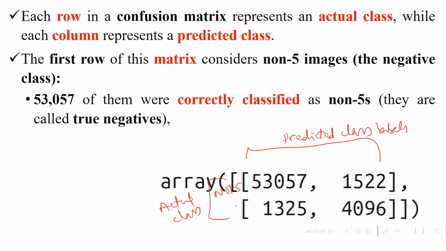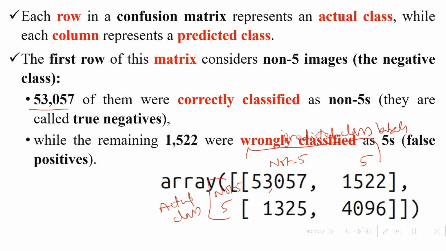In it, 57 elements are correctly classified as not 5, and these are called true negatives, while the remaining are wrongly classified as the 5 class.